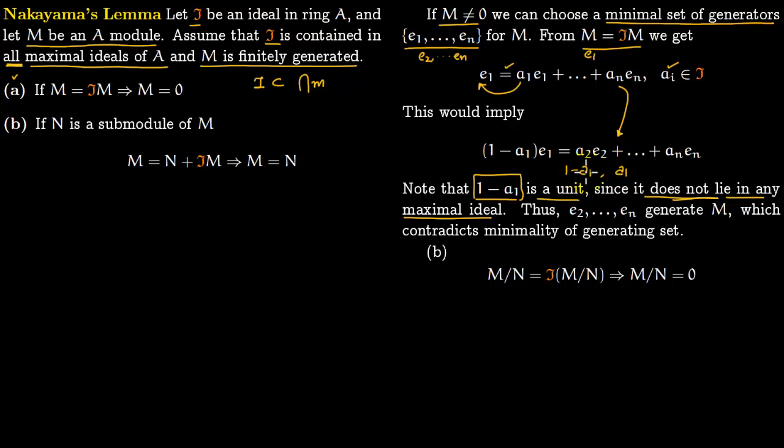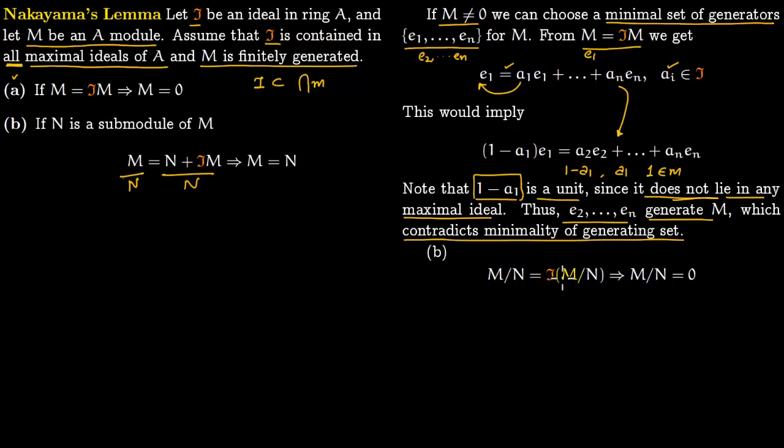So if 1 minus A1 lies in some maximal ideal, it will also contain A1, and then you can see that 1 would also lie in that maximal ideal. So 1 minus A1 does not lie in any of the maximal ideals, and precisely that is why it is a unit, and therefore E2 to En generate M, which contradicts the minimality of the generating set, which we said was from E1 to En. So part B just follows simply. You just modulo out N from both sides.